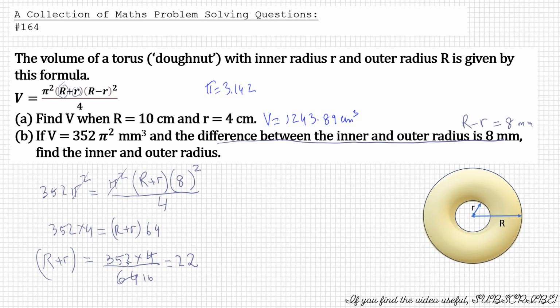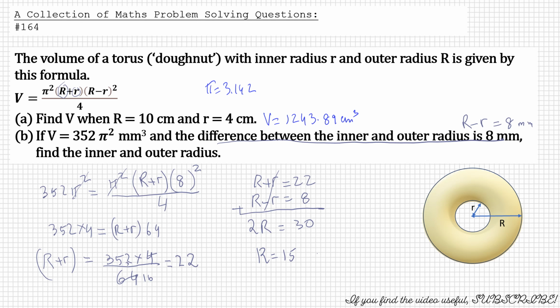What that would mean is we now have to find out the R. So now we know the sum and the difference: capital R plus small r is 22 and capital R minus small r is 8. If you add them, the small r's get cancelled, and you're left with twice capital R equals 30, or capital R is 15 millimeters.